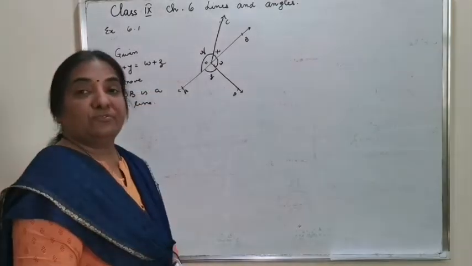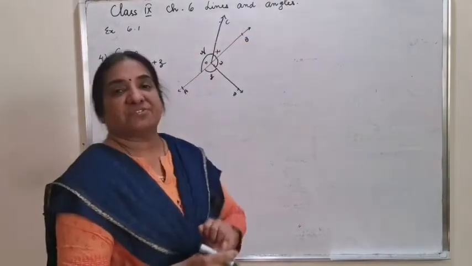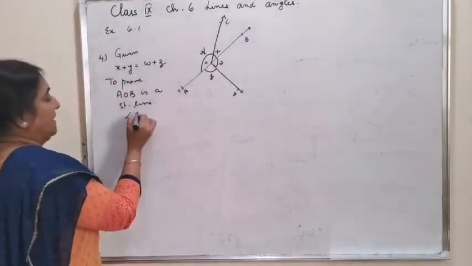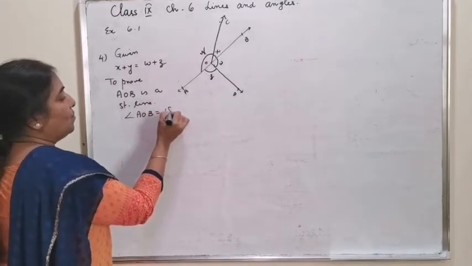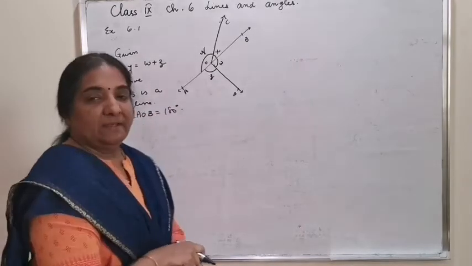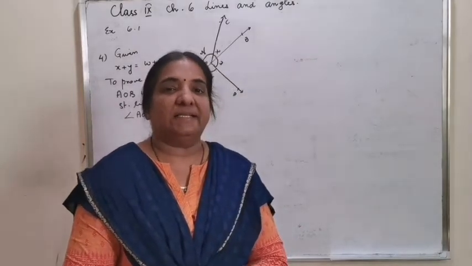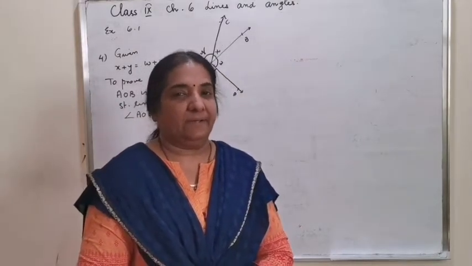How do you prove that AOB is a straight line? You have to prove that angle AOB is 180 degree. Whenever a straight angle occurs, we can say that it represents a straight line.